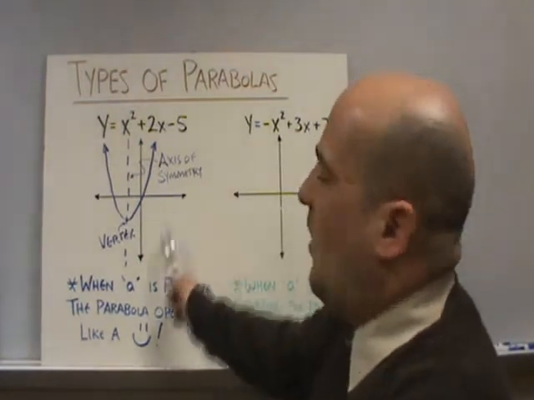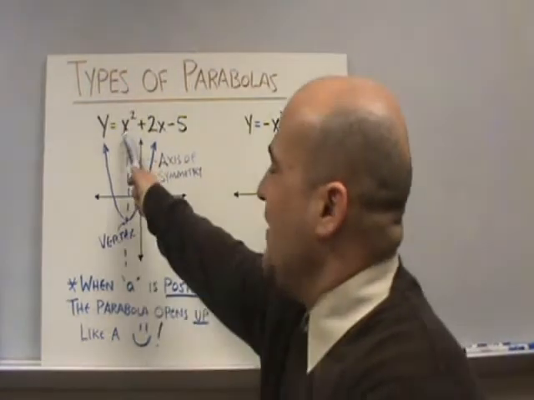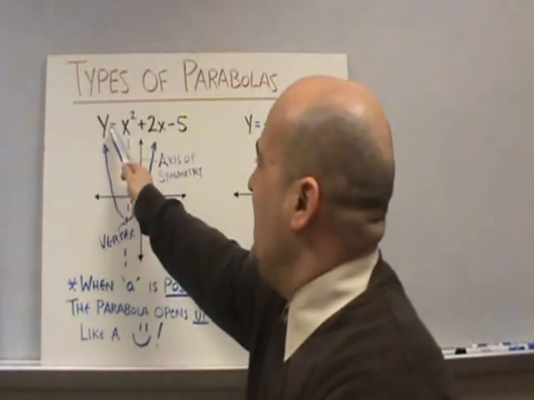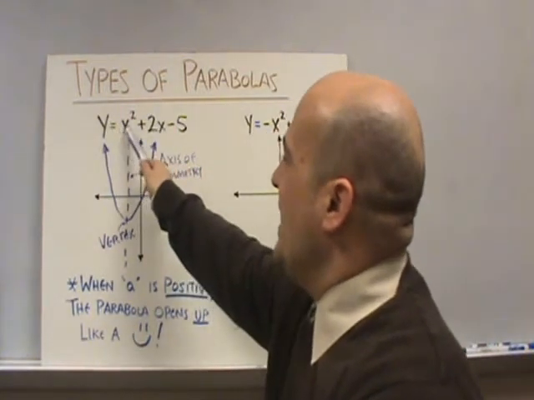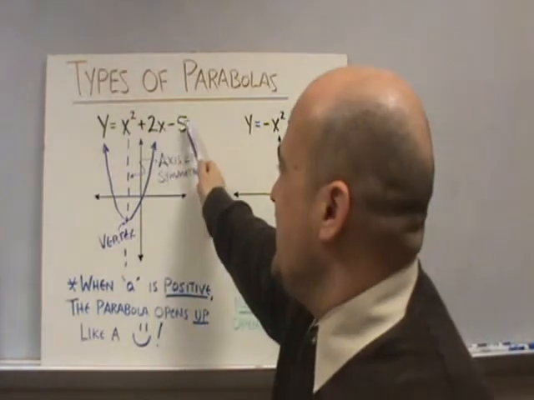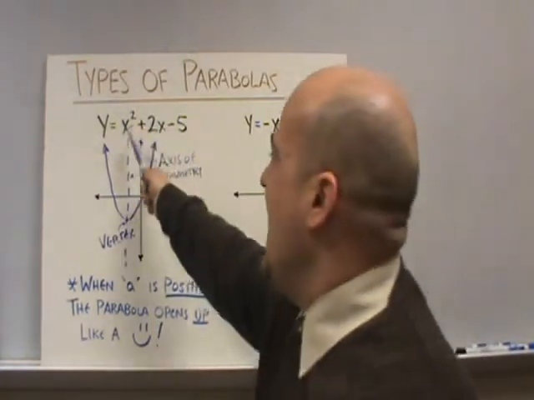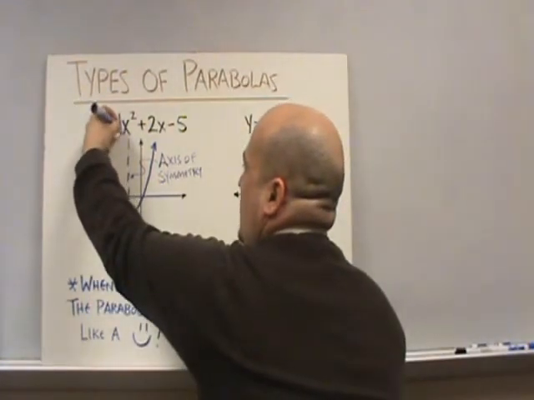Also, what I want you to notice about this equation is the a. Remember our standard form, y equals ax squared plus bx plus c, or in this case minus c. Notice that the a in this equation, maybe it's imaginary, is a 1.